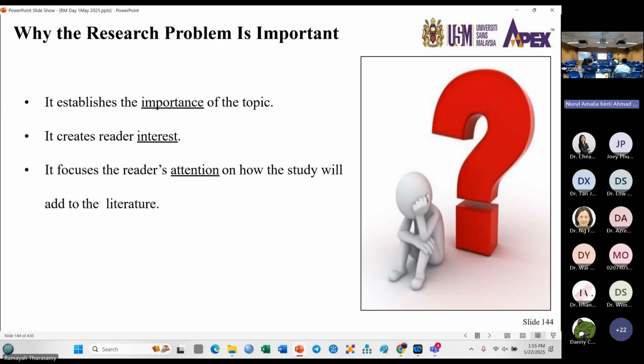Okay, so why this research problem is important is, first, it establishes the importance of the topic. It creates reader interest, and this interest is the important one. So if you show that the company is losing a lot of money because of cyber loss impact, the company will be interested in this impact. Similarly for employees, that is why we need to write this problem statement.